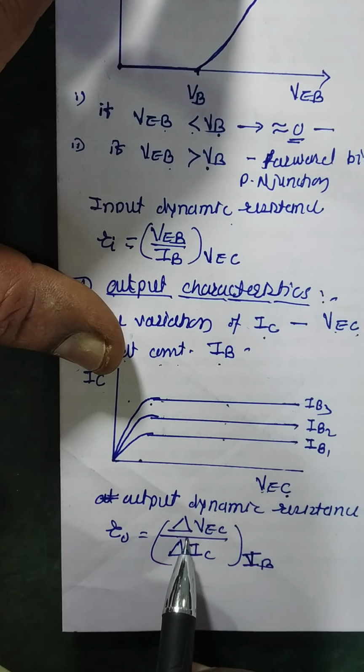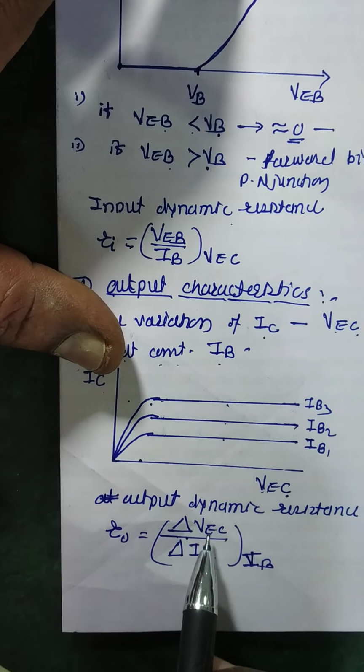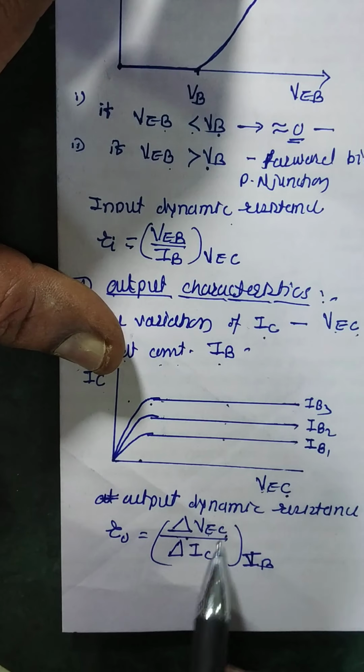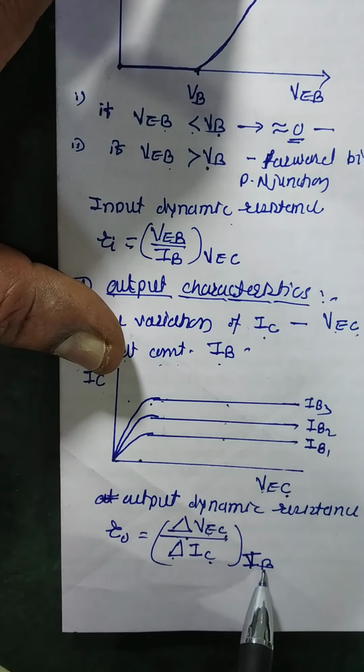The ratio of change in potential between emitter and collector to the change in collector current at constant base current IB is called as output dynamic resistance.